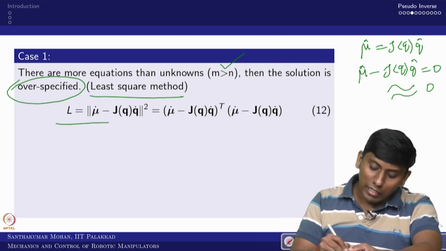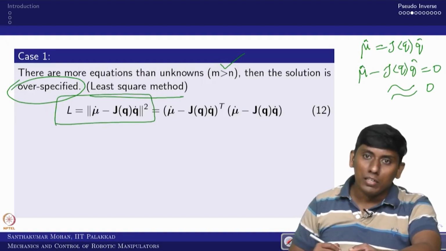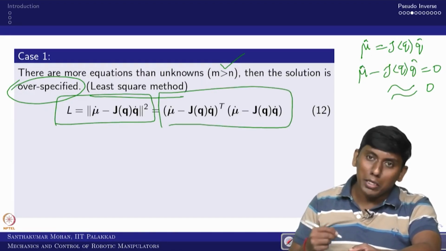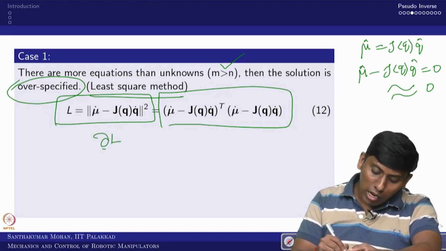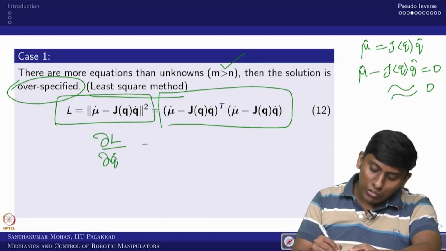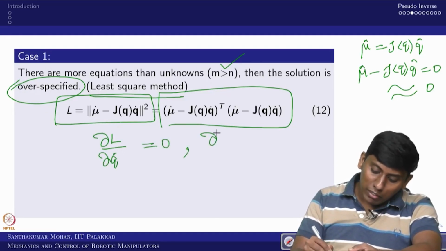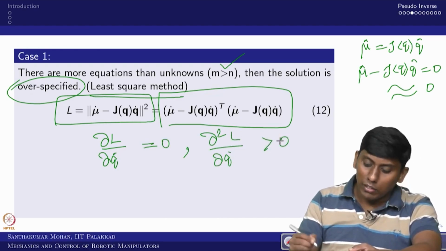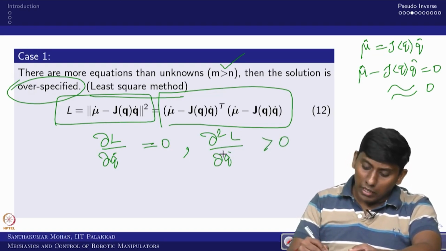If that is the case, I can take the second norm, and I can write that second norm in this form. Now if this is minimum, the partial derivative of L with respect to Q dot is supposed to be 0, provided the second partial derivative of L with respect to Q dot is greater than 0. That is what is supposed to be known.